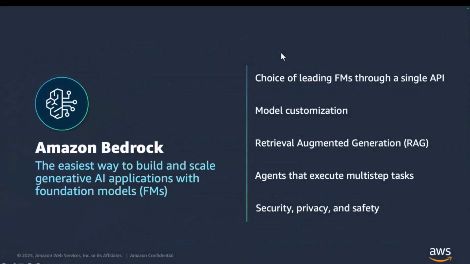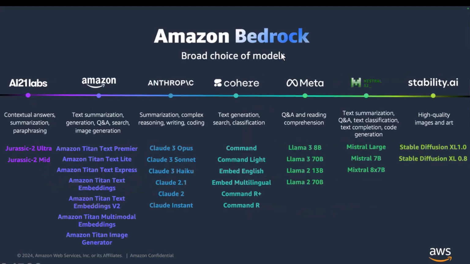So you basically interact with Bedrock, and you say, hey Bedrock, I need to interact with the Claude model, or hey Bedrock, I need to interact with the Amazon Titan foundation model. And that's the core of it. Of course, from there it's got support for retrieval augmented generation, and we'll talk about that in a bit.